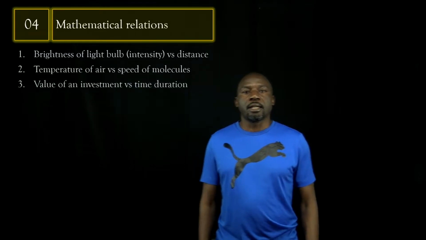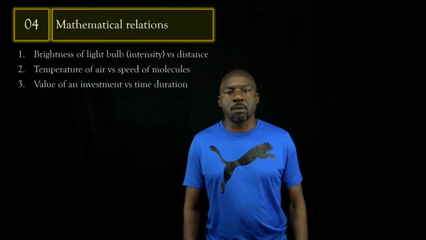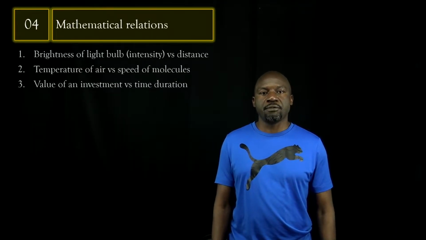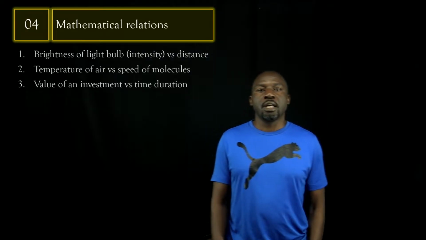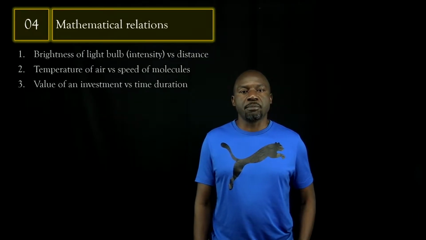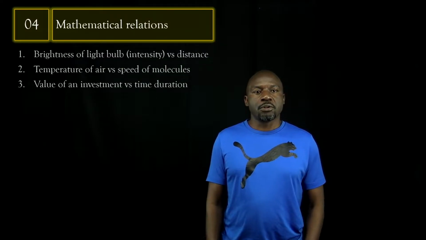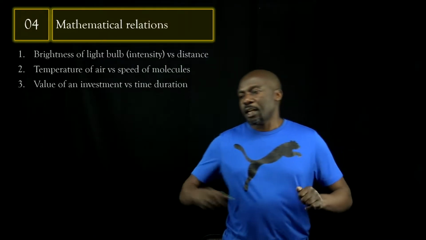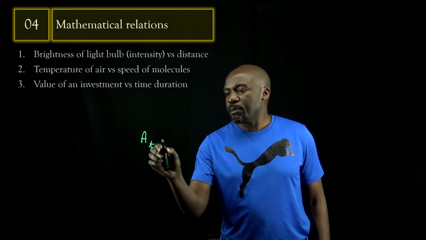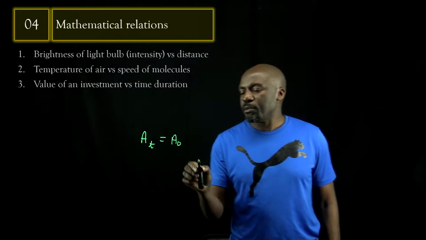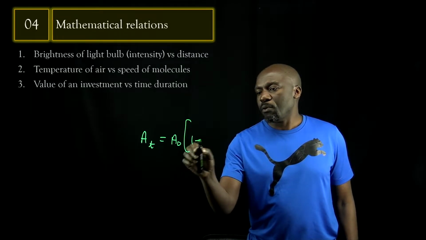Okay, another potential relation, a good relation, is the value of an investment versus time duration. We've talked about this a lot in the previous topic, financial mathematics, where we saw the value of an investment. We can write down the formula here. The value of the investment at some time t is the value of the investment right now times 1 plus I over n, all to the power nt, where n is how often it is compounded within 1 year.